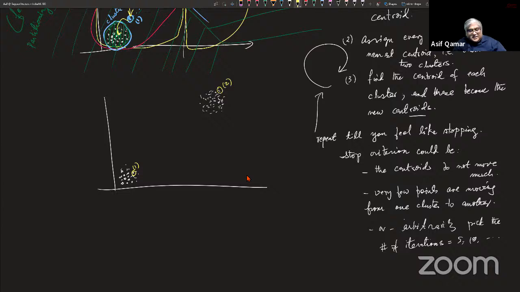Yes. So then what happens is, as you can imagine, that this will converge very fast, because in one hop you will end up using this as your first cluster, and this as your second cluster.